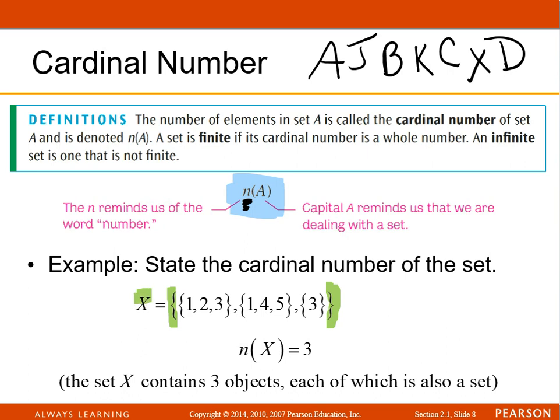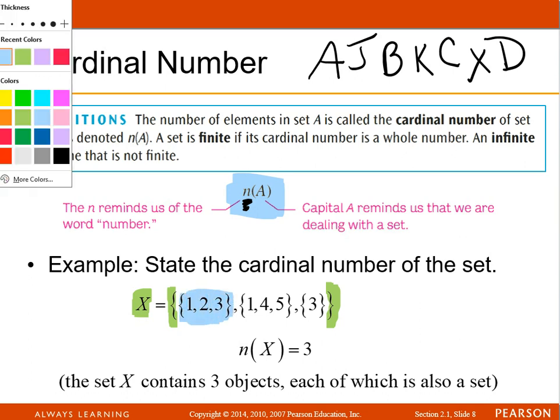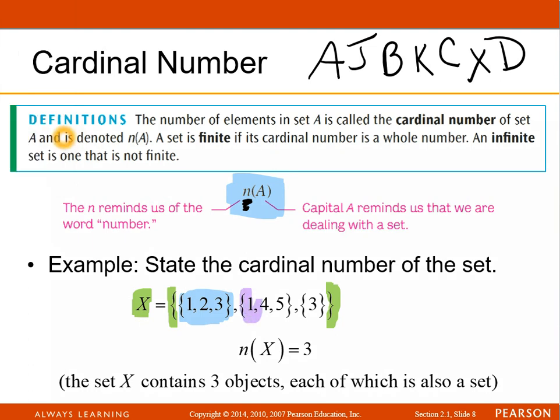That's your set X. Within that set, you have this set here and this set here and this set here. I have a set of sets. So the cardinal number is 3. The cardinal number is 3 because I have blue, purple, yellow. I have 3 sets inside my green set.